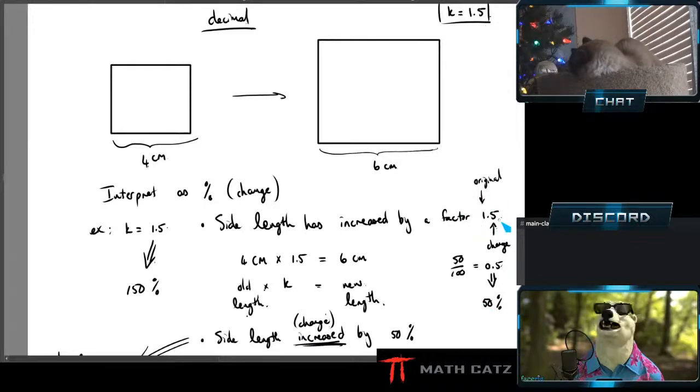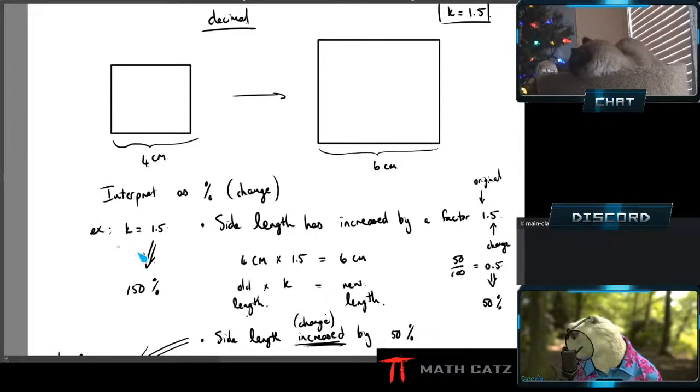Just by looking at the scale factor, we're just saying things in a slightly different way. So I have two sentences that are equivalent and explaining what I did to the square. Side length increased by a factor of 1.5. Side length increased by 50%.